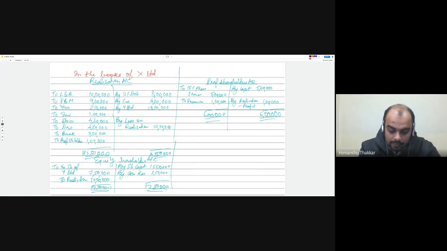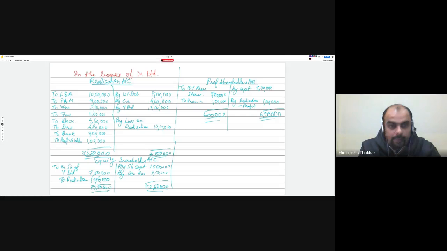Moving on, you have also taken furniture. So furniture account debit 2 lakh 10,000, right? The next asset is investment account. Investment account debit amount is 1 lakh, right?